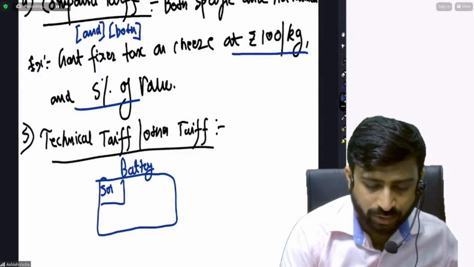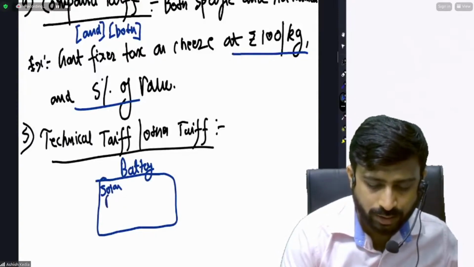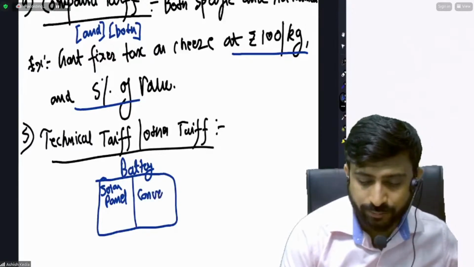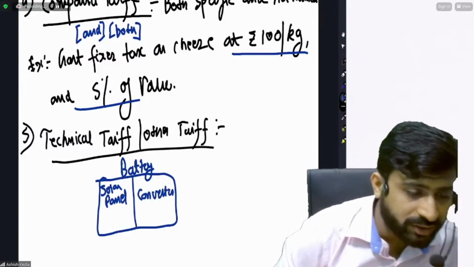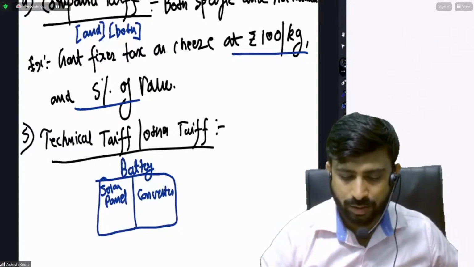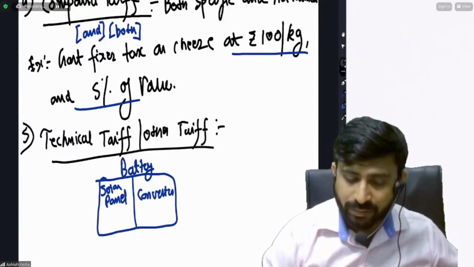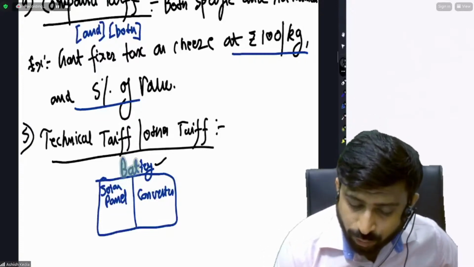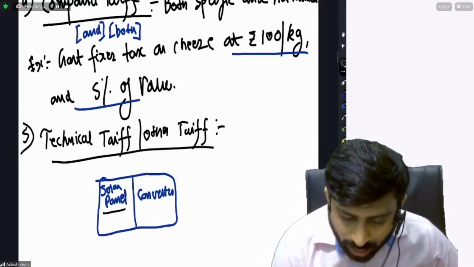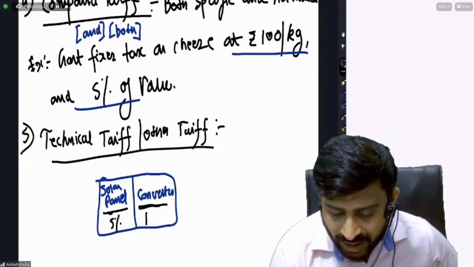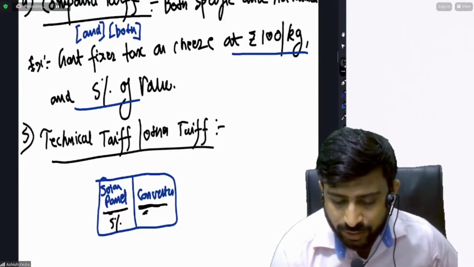Suppose the battery contains a solar panel. Suppose the battery contains a converter. So friends, here what will happen is the government will impose tax not on the full item, but on the content, that is on the solar panel 5%, on the converter let's say 10%, or rupees 5,000.